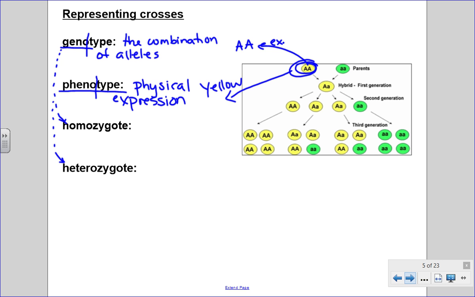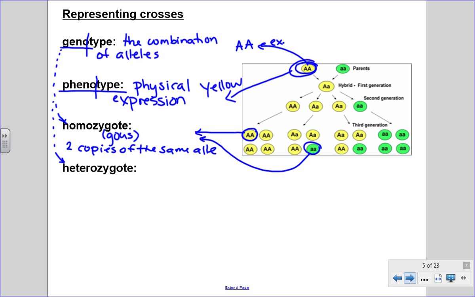A homozygote, that would be an individual. We could also use this as an adjective and say homozygous. So you'll see both forms of the word. But an individual who is homozygous, or a homozygote, would be an individual that has two copies of the same allele. So if I were to use my same picture as an example, this organism is a homozygote. So is this one.